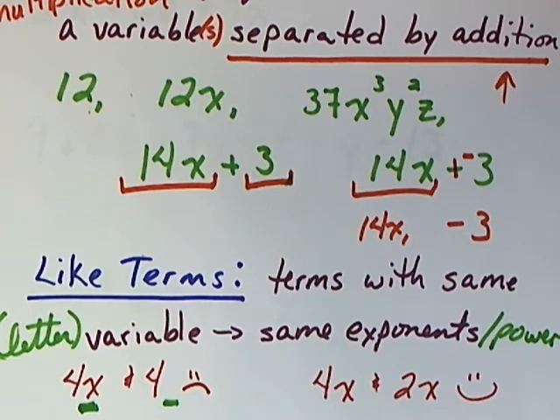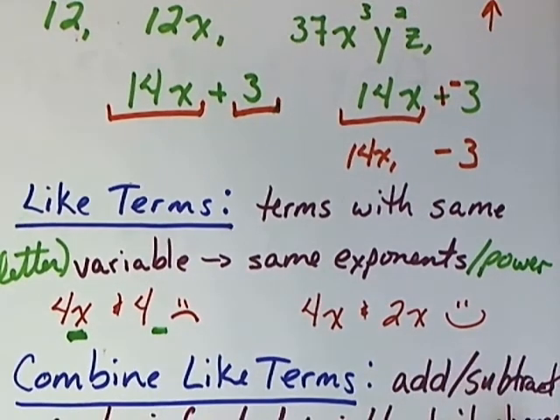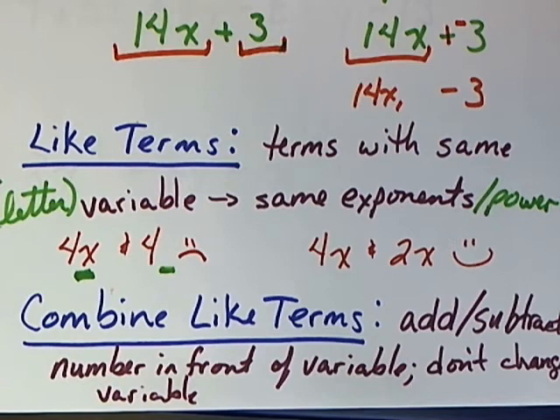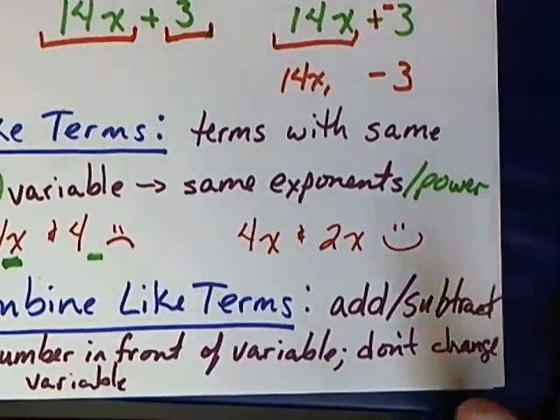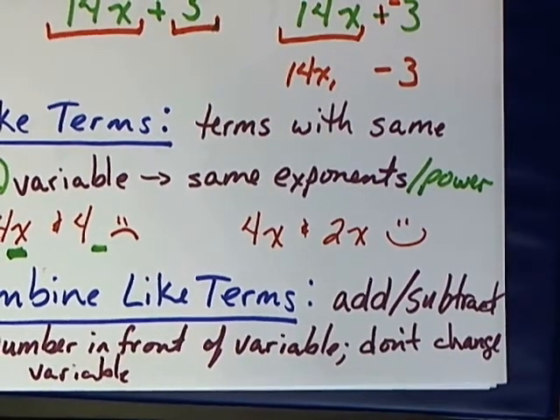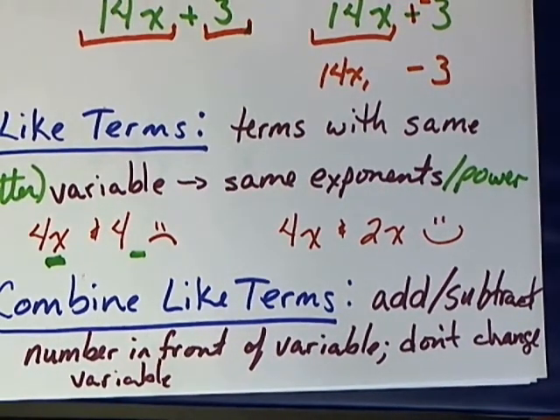So what do we need to know about like terms? Why does it matter if they are like or not? Because when it comes to like terms, we are only able to combine or add like terms. To combine or collect like terms, as your book might use, means that we add or subtract the number in front of the variable, but we don't change the variable at all.